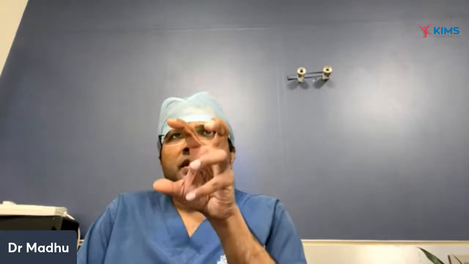That means we resect the bladder and we utilize the small intestine to prepare a bladder, and that bladder will be anastomosed. That is called orthotopic neobladder. That will be sutured to the urethra again. So these are different scenarios for the surgical management of bladder cancer.